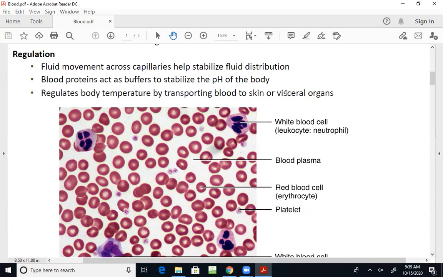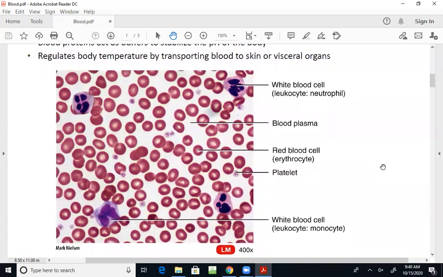We can fan and move air across the surface of our skin to help cool the blood. And visceral organs are where we move the blood when we are really cold, keeping it internally so that we don't lose as much of that heat to the external environment.